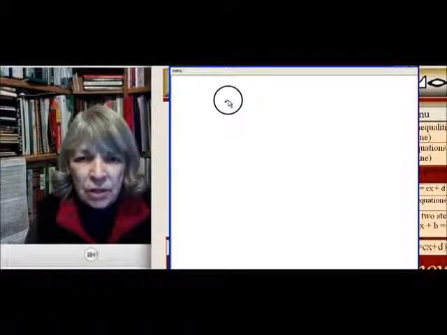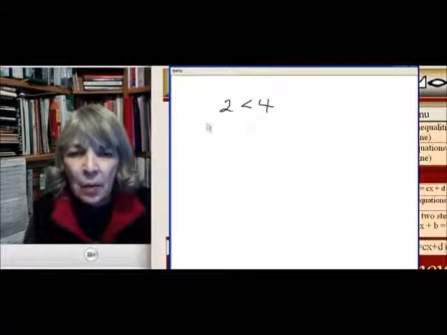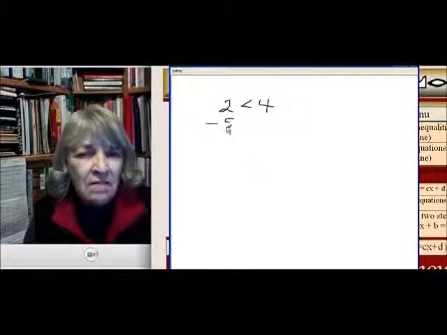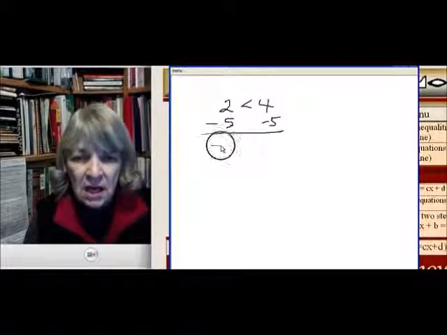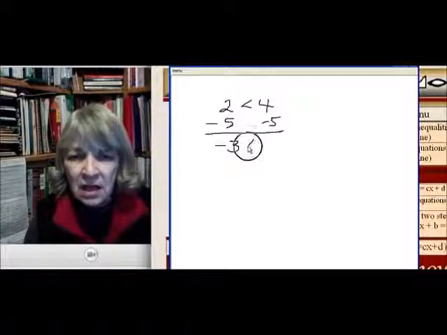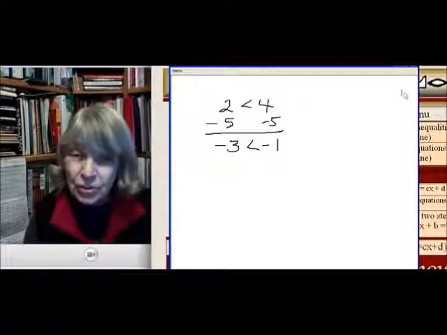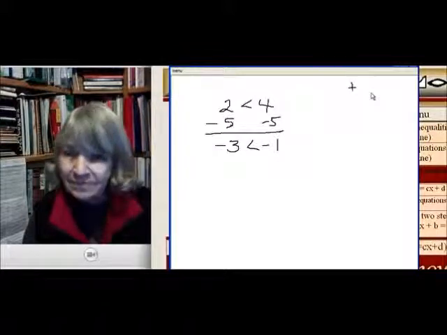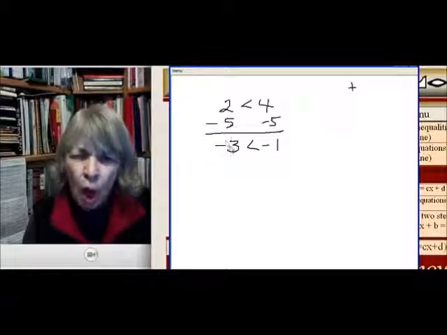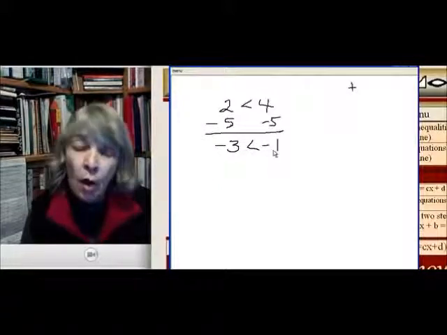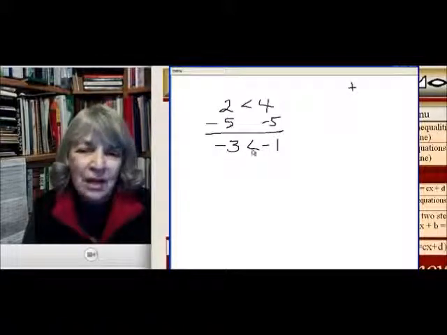What if we had 2 is less than 4, and then we subtract something like 5 from both sides? Then we get negative 3 is less than negative 1. Is that true? We're still testing adding. Is owing $3 lower in richness than owing $1? Sure enough. So negative 3 is less than negative 1.